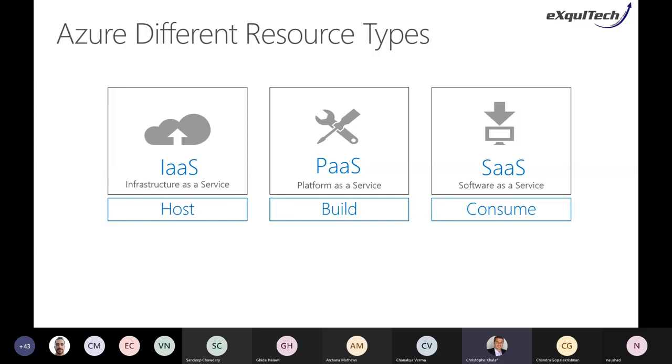And the benefits, we will be discussing a bit about the benefits of having them on Azure versus having them on premise. The third one is the PaaS, the platform as a service. The platform as a service is software that you can use on Azure and you can run and debug on it. For example, SQL.